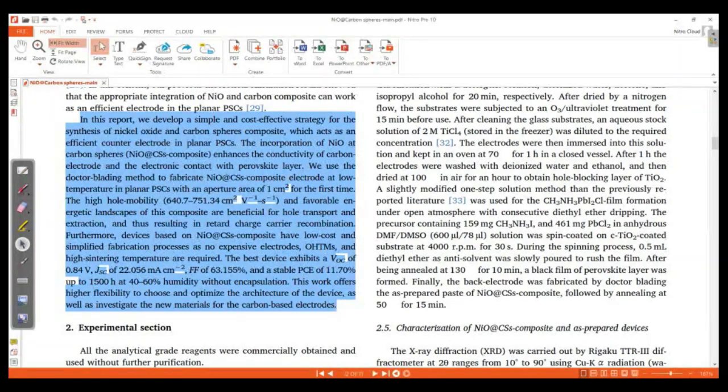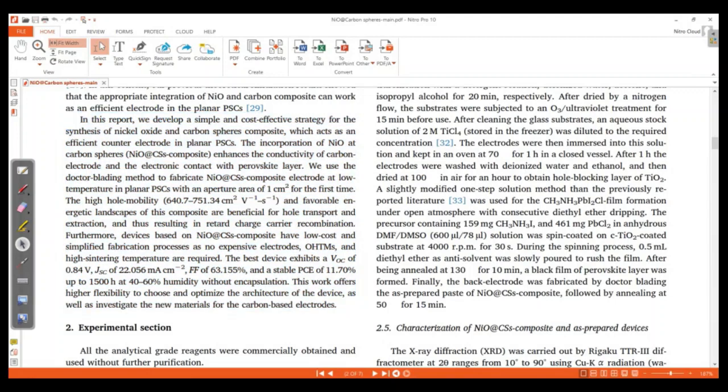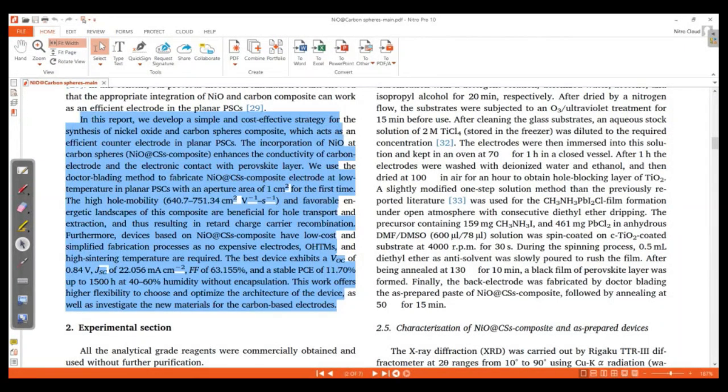The incorporation of nickel oxide at carbon sphere enhances the conductivity and so on. So the last section of the introduction concludes with the general summary and results, and then the future outlook of the paper.